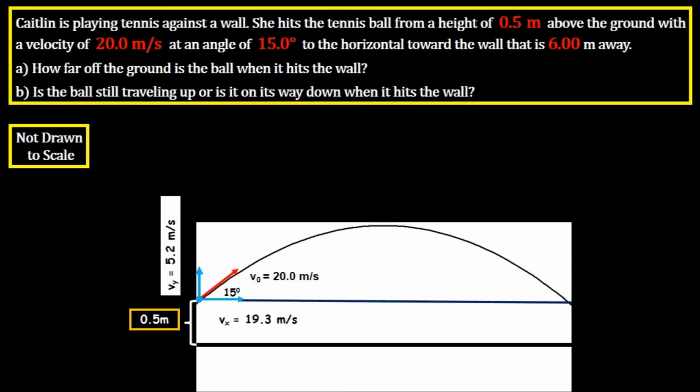It's really an irrelevant number. Vy is going to be 0.52 meters per second. You can see as well that Ty is 0.52 seconds.